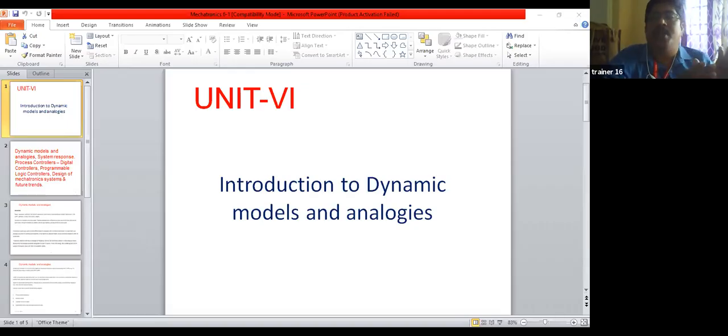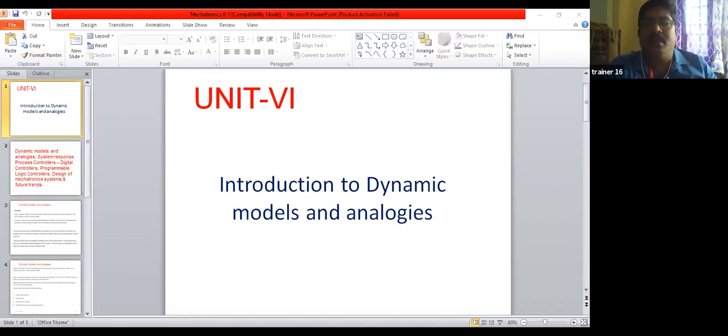In unit one, we discussed a mechatronic system, and the various sensors and transducers: displacement, position, proximity, velocity, motion, acceleration, torque, fluid pressure, liquid flow, liquid level, and temperature measurement devices like thermocouple, RTD, thermistor, and light sensors.